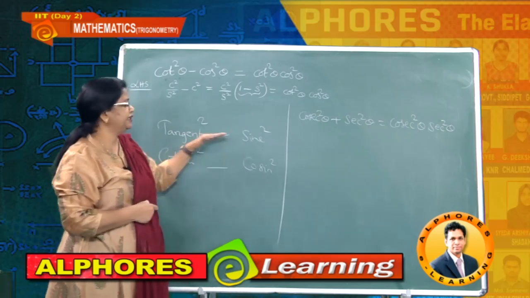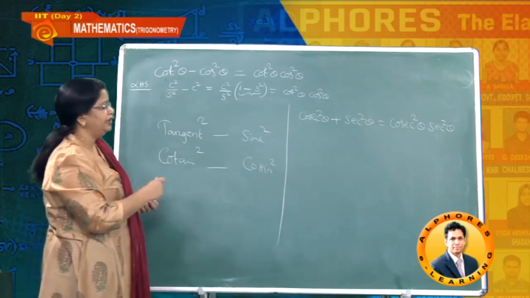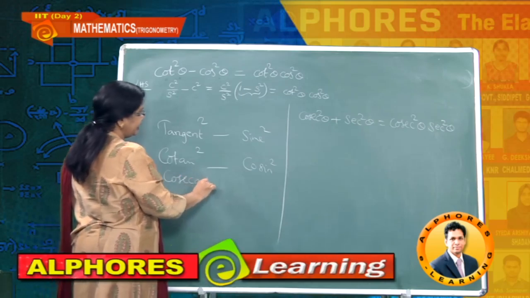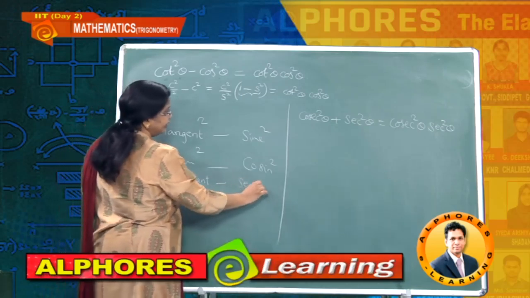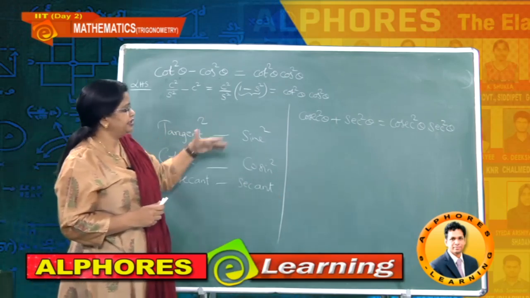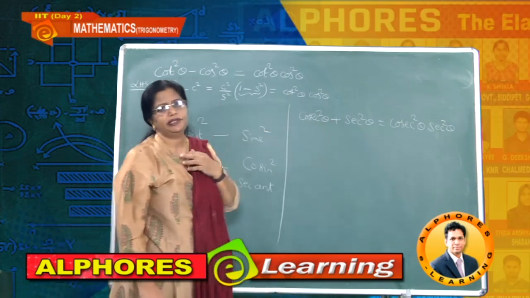Those two were tangent and sine, cotangent and cosine. Now these are cosecant and secant. So remember like this.